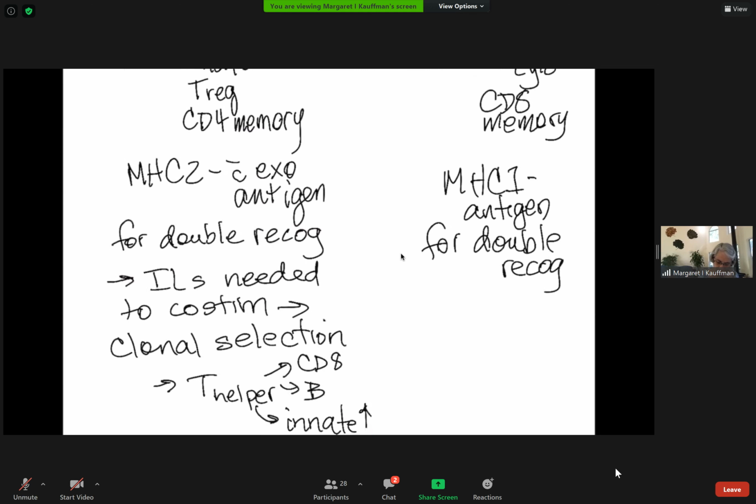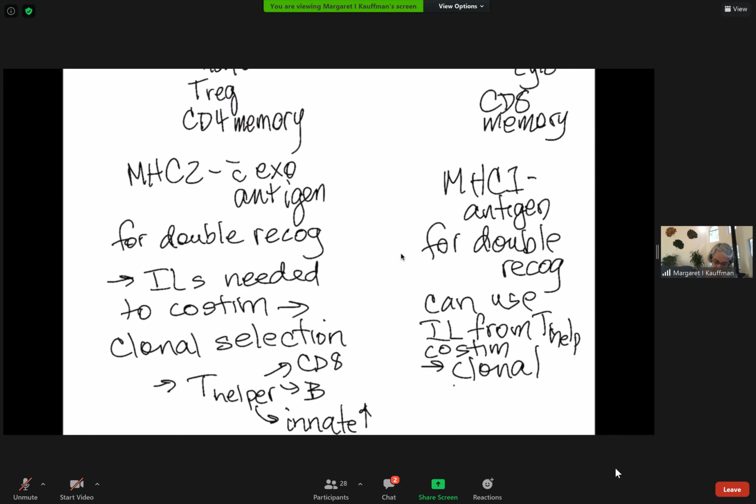And this one also, and this is where it's going to get a little muddy, but it can use interleukins, like she said, from the T helper. And that will lead to double recognition here. We have co-stimulation. This is for co-stimulation. And that leads to clonal selection. Okay. Am I getting everything, Dina?